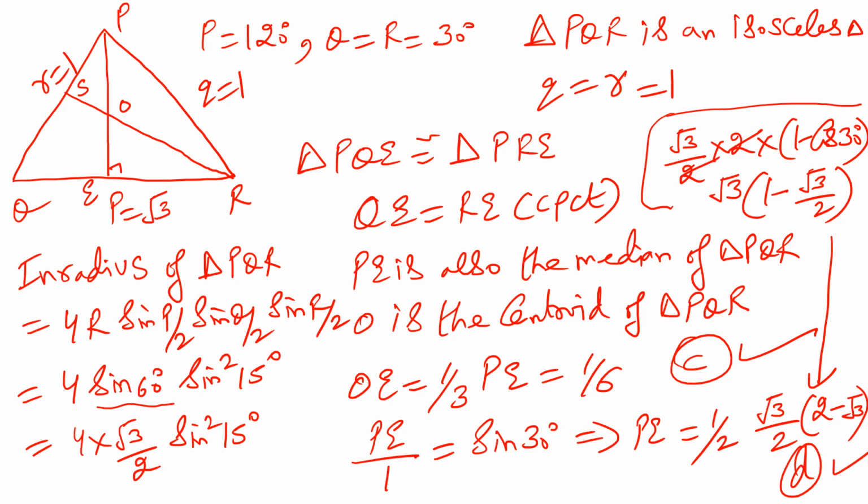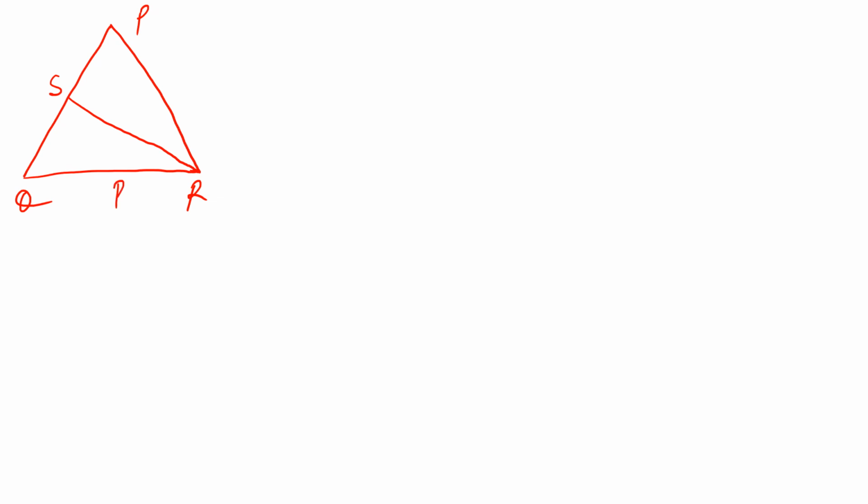Now students, we move further. We are still left with two more options, and to check them, we need to find length of the median RS and area of triangle SOE. To find length of median RS, I will use Apollonius theorem.